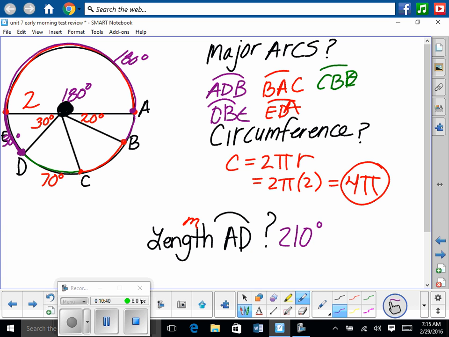Now, if I wanted to know the physical length, wouldn't I have to go 210 degrees divided by 360, and then times pi times r, right?